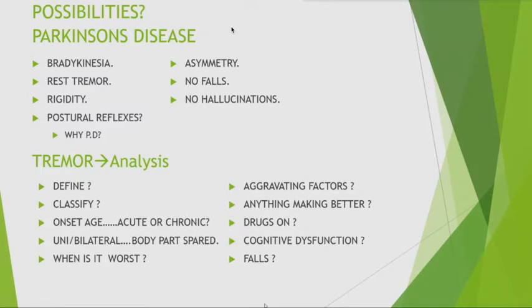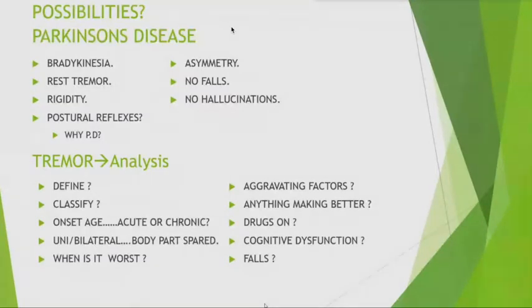When you are under stress, what will happen to Parkinson's tremor? Sir, it may increase. It increases, yes. What are the factors that will make any tremor better? What questions would you like to ask? Somebody is drinking alcohol and the tremor disappears.